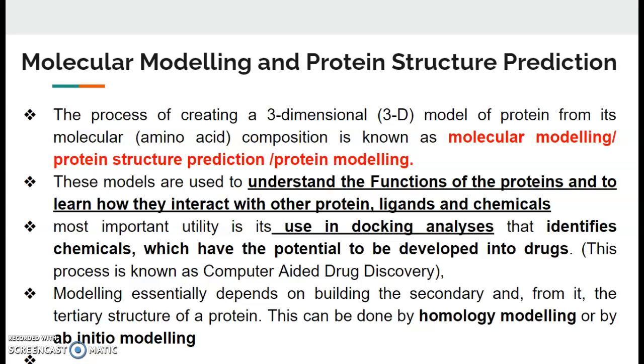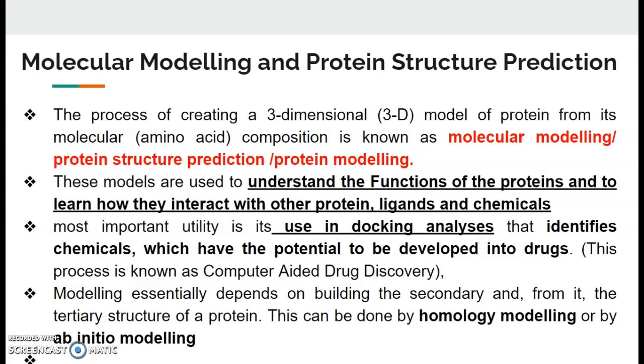These models can be used to understand the function of the protein and to learn how they interact with other proteins, ligands, and chemicals. Another important utility of these models is in docking analysis, to identify chemicals which have the potential to be developed into drugs.